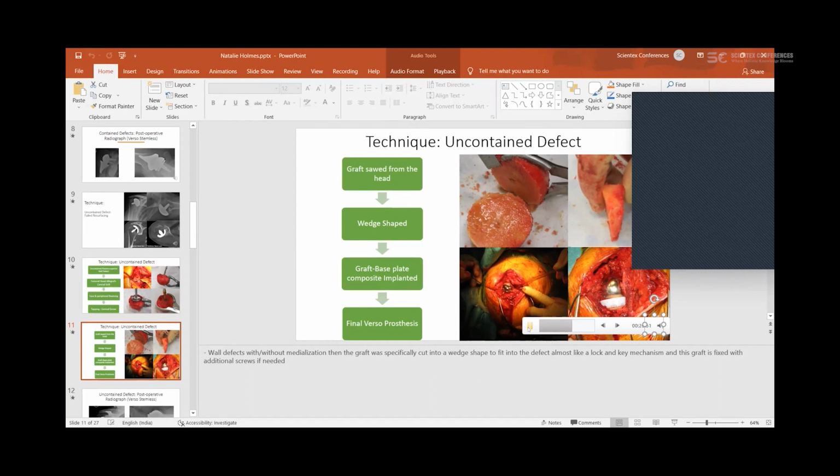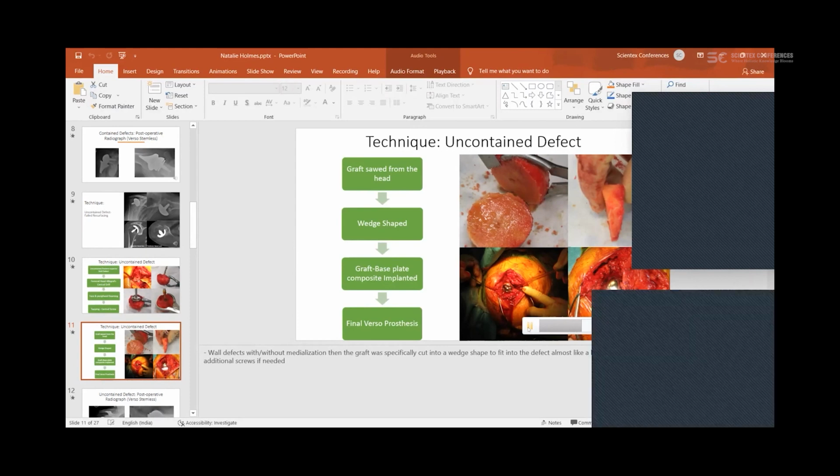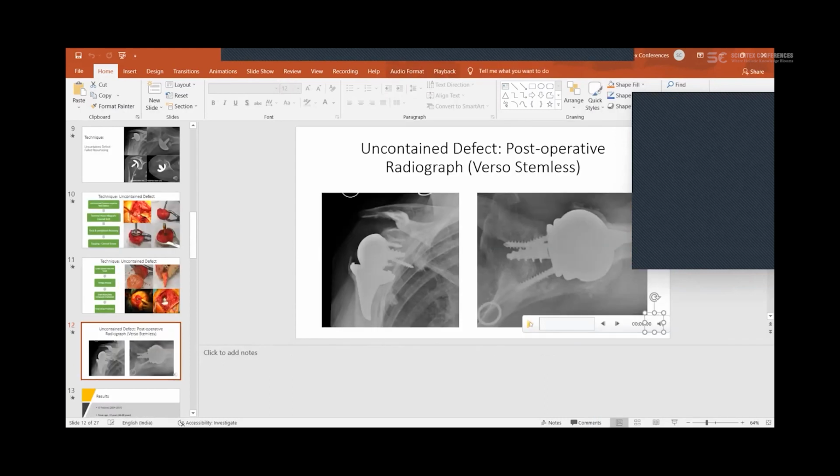The graft base plate composite was then implanted back, and if needed, additional screws could be placed, and then the final Verso prosthesis was placed. So these are the post-operative radiographs seen when there was an uncontained defect.